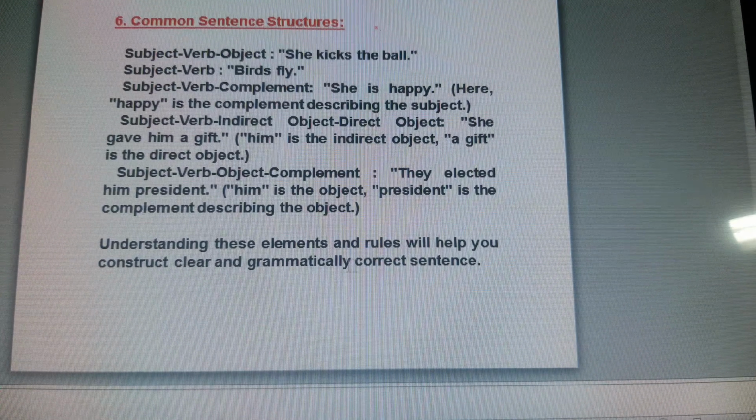Understanding these elements and rules will help you construct clear and grammatically correct sentences.